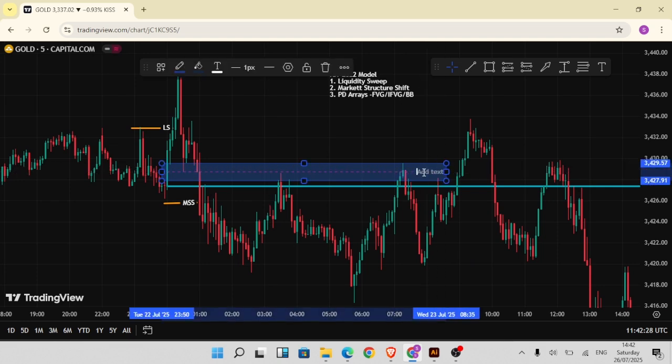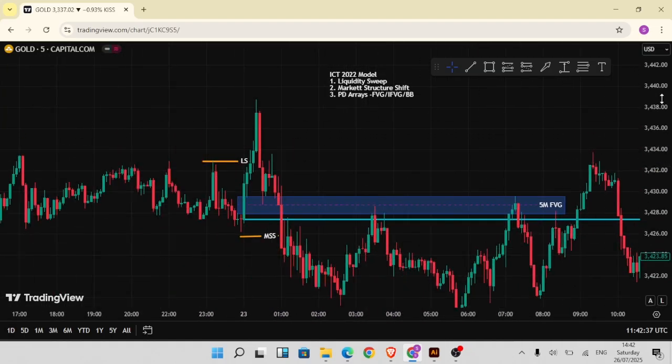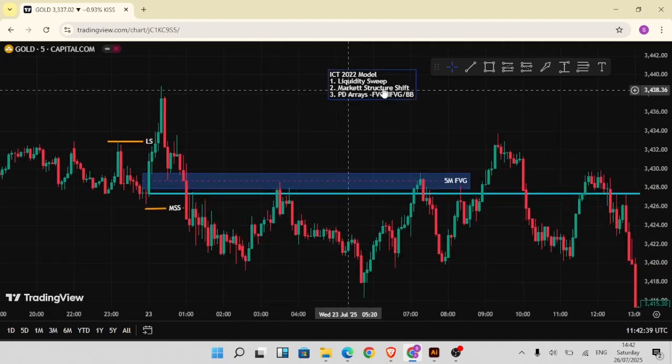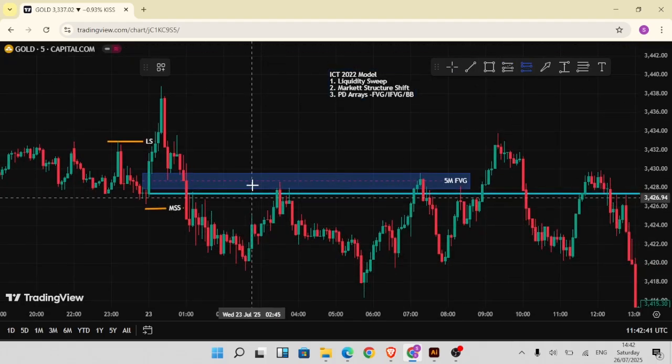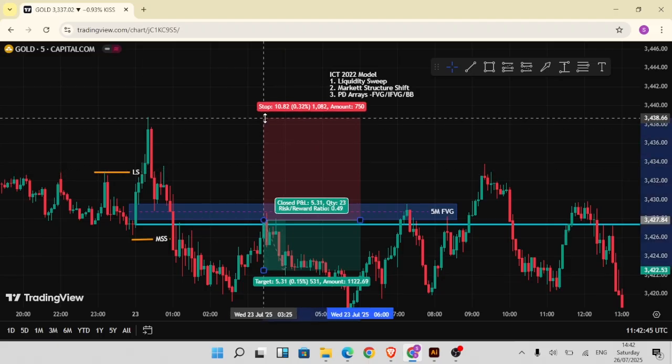So this is a 5-minute FVG. Now, based on this model alone, we take our entry at the retest of this fair value gap or inverted fair value gap.